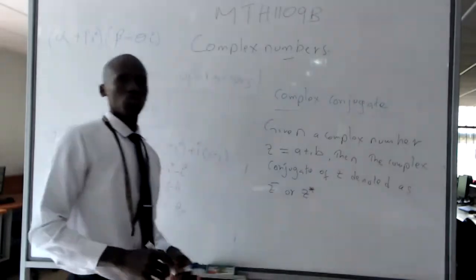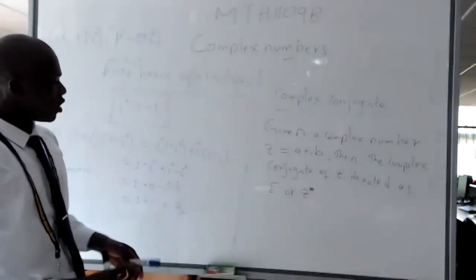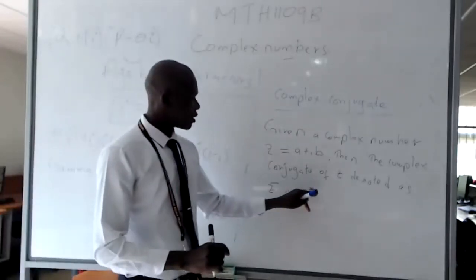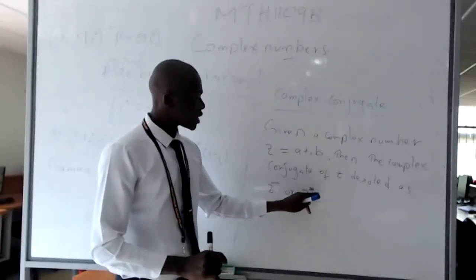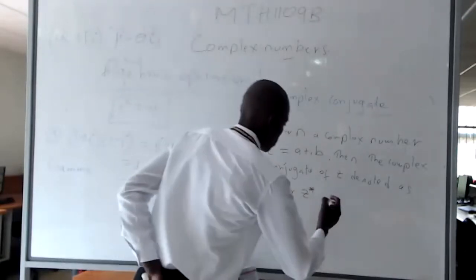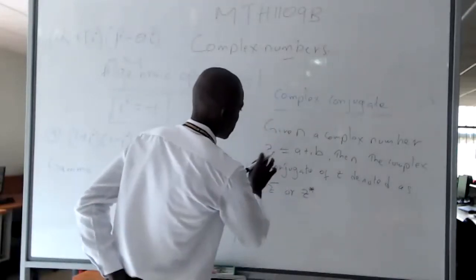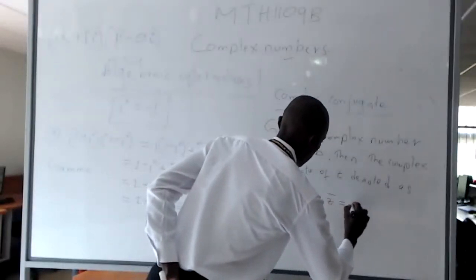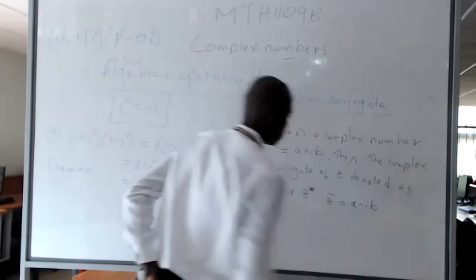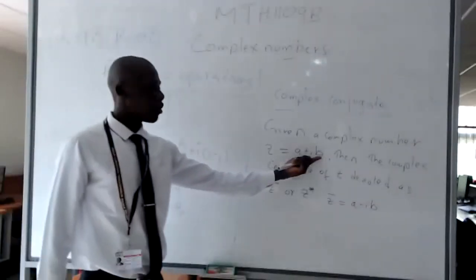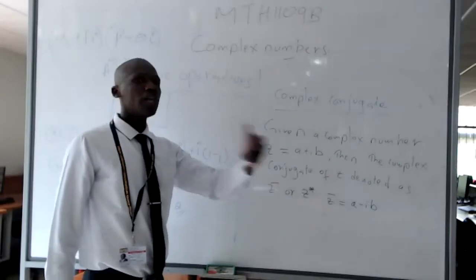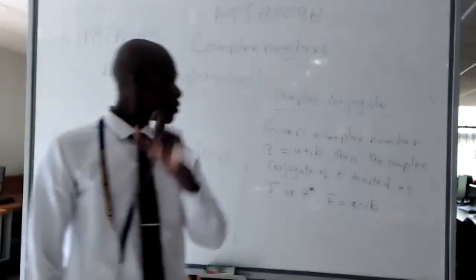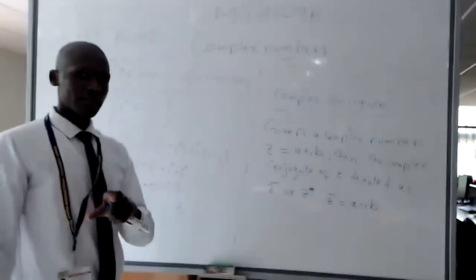So depending on whichever book you read, these two are correct. We could write z with a dash over it, or z raised to this asterisk, or z star. So if you have z as a plus ib, then the complex conjugate z bar is given by a minus ib. You just change the sign of the imaginary part. So given any complex number, to find the complex conjugate, simply change the sign of the imaginary part.